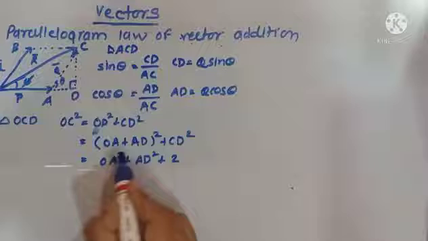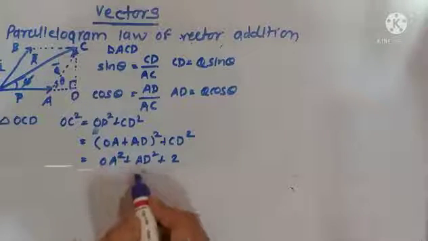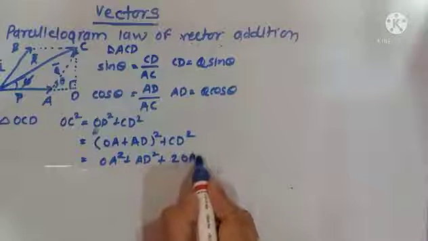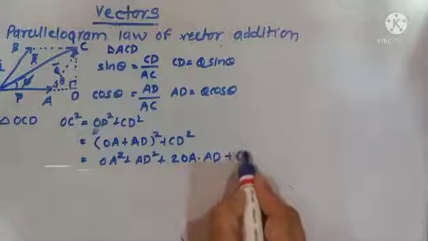Now let us expand this bracket. OA plus AD bracket square is equal to OA square plus AD square plus 2 OA into AD, plus CD square.